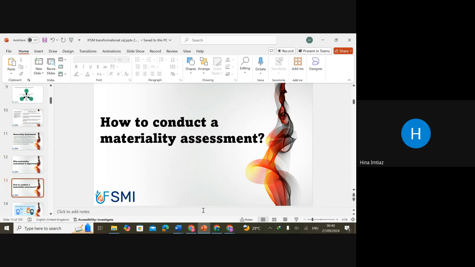Now the next question is how to conduct a materiality assessment. For that, you can develop a team in which you bring all the members, and you have to give the clear correlation between finance, performance, and underline the importance of the materiality assessment.